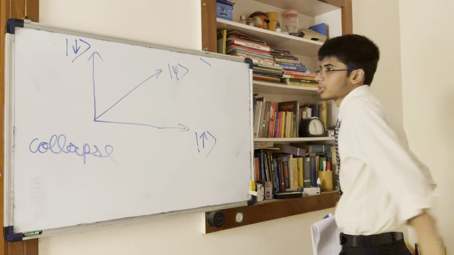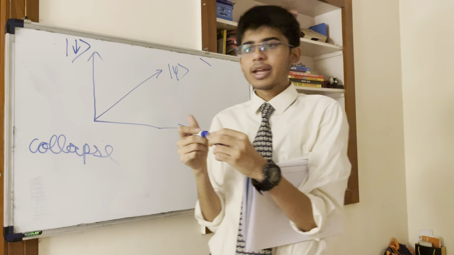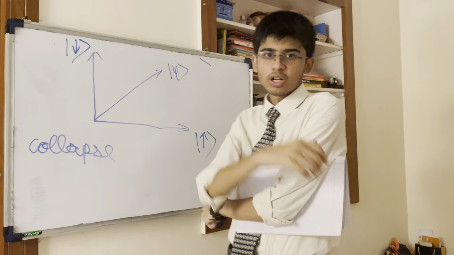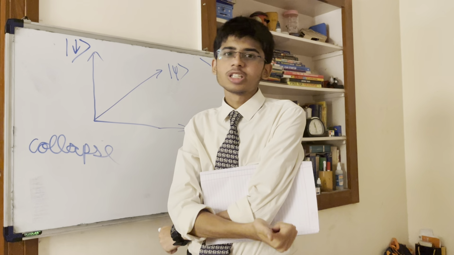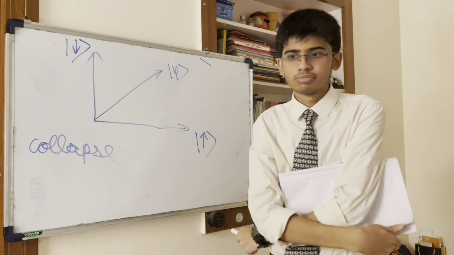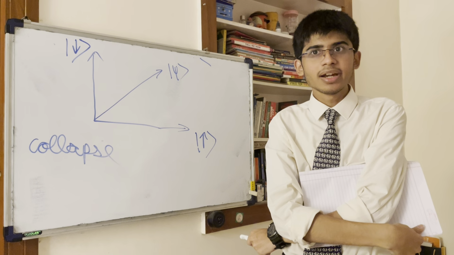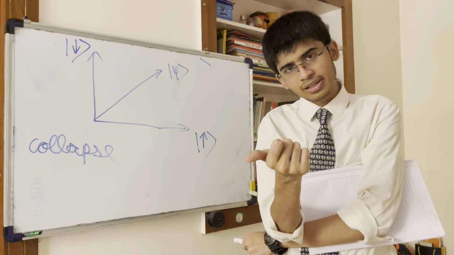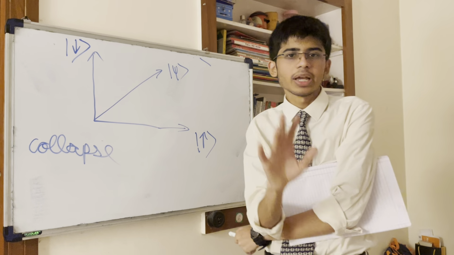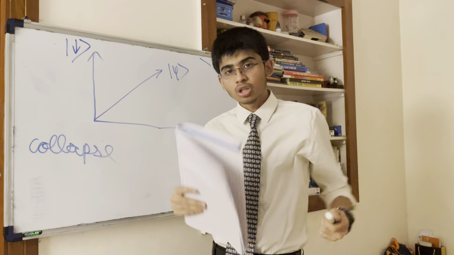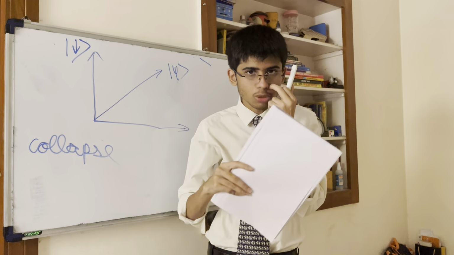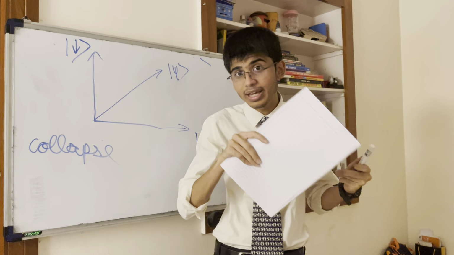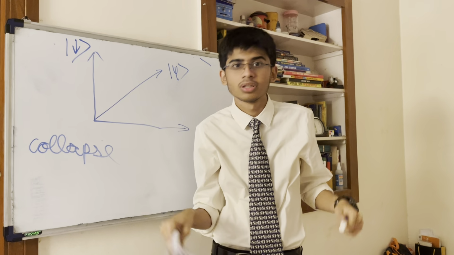What does this tell us? This tells us if I measure, let's say, the spin of a particle with respect to the z-axis, and I find it being spin up, and if I keep measuring it along the z-axis, it's going to remain as spin up. It's not going to change. So the measurements are going to be constant if I keep measuring it along the same axis.